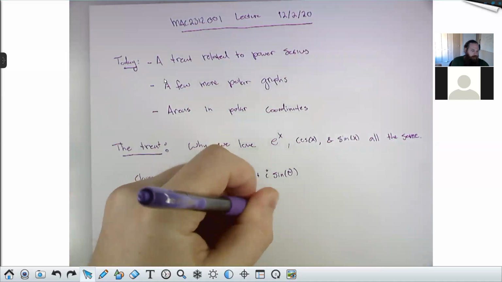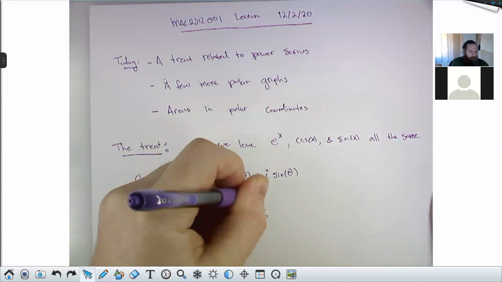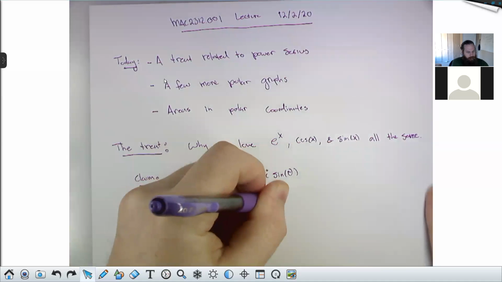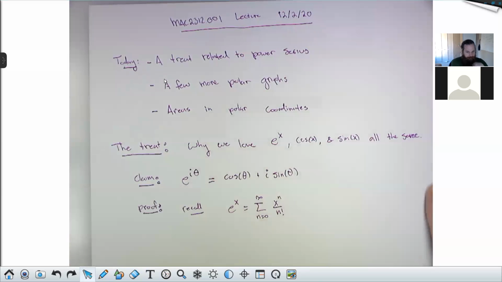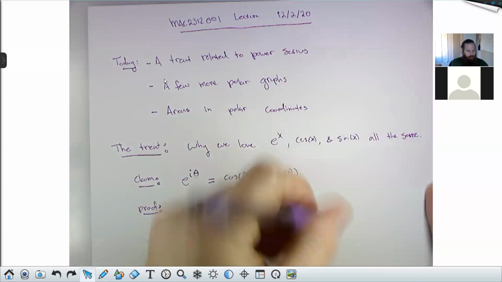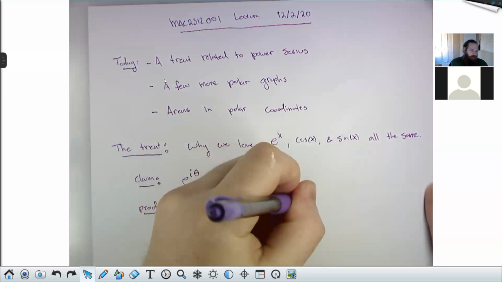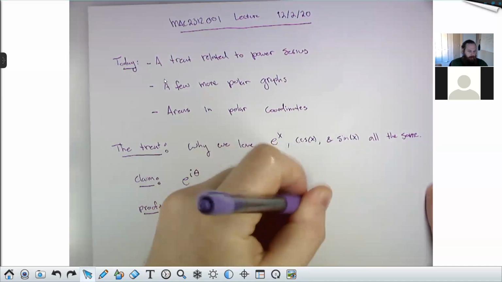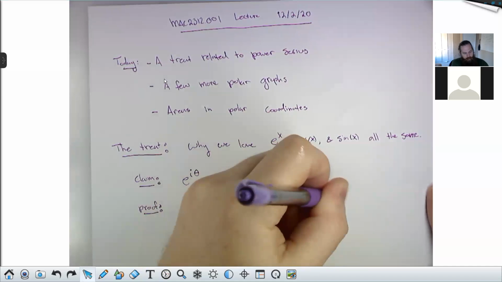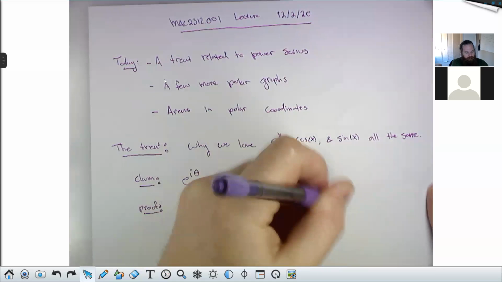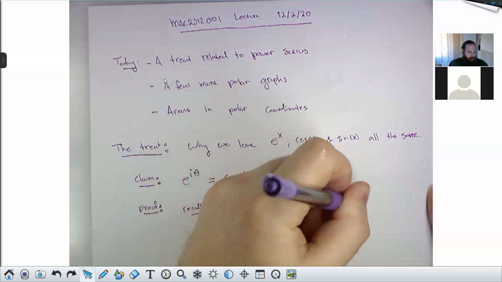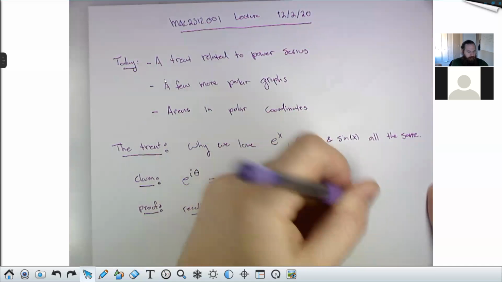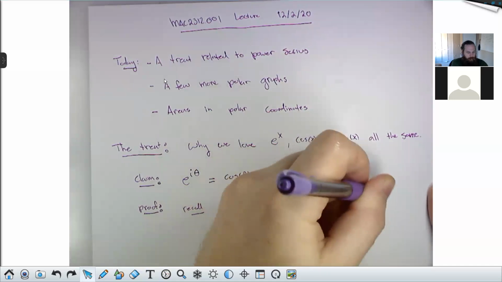E to the x, remember, is the sum from 0 to infinity, x to the n over n factorial. These are power series that you need to know. Sine x as a power series is the sum from 0 to infinity, -1 to the n over (2n plus 1) factorial times x to the 2n plus 1.